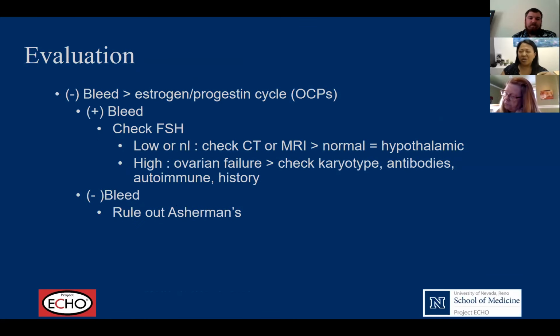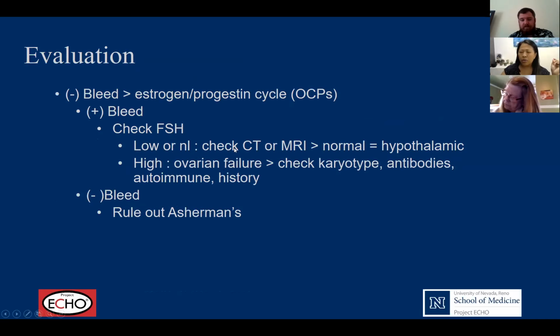One of the other things that you can do as a subsequent step is to start them on combined oral contraceptive pills that have estrogen and progesterone in them. Usually they will bleed at the end of the pack. In cases like this, go back and look at your FSH or do the FSH if you haven't already done it. Hopefully you have, and then check to see if it's low or normal.